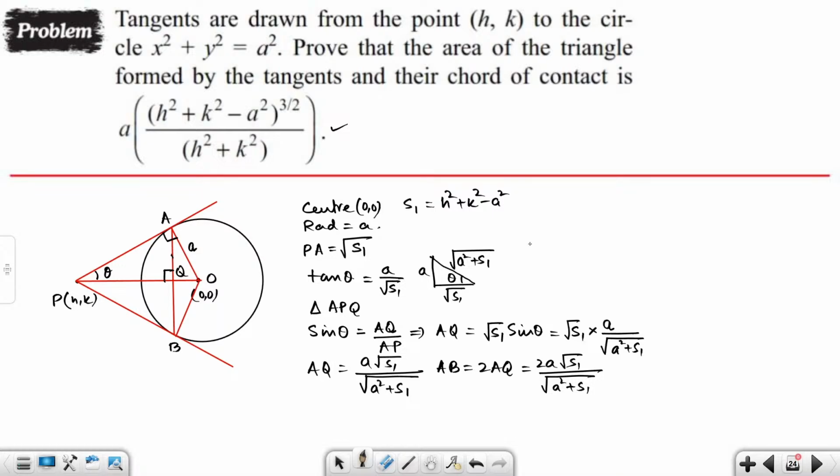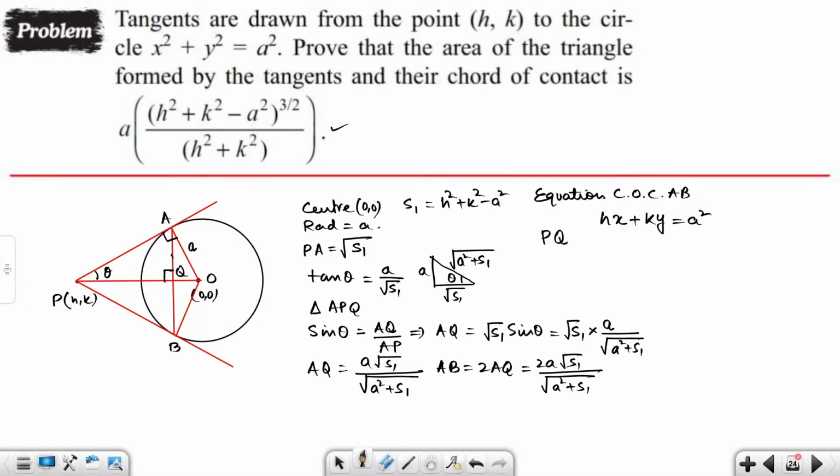Now, can you please tell me what is the equation of the chord of contact AB? It is nothing but Hx plus Ky equals A square. Am I correct? Then what is the perpendicular distance PQ?